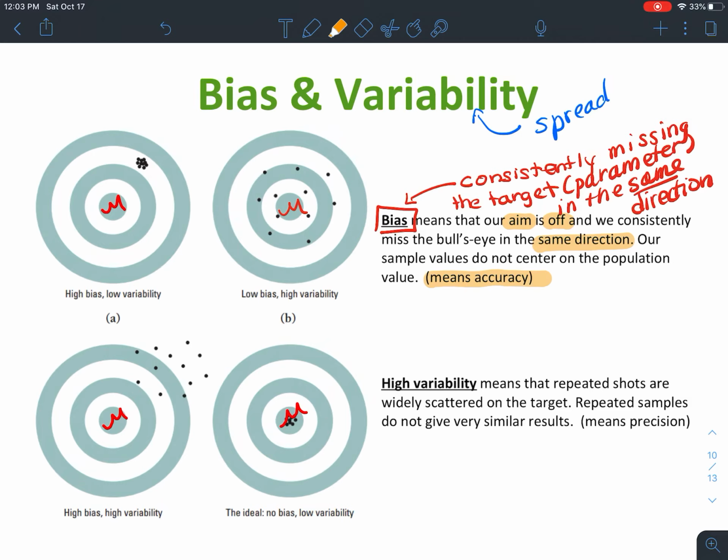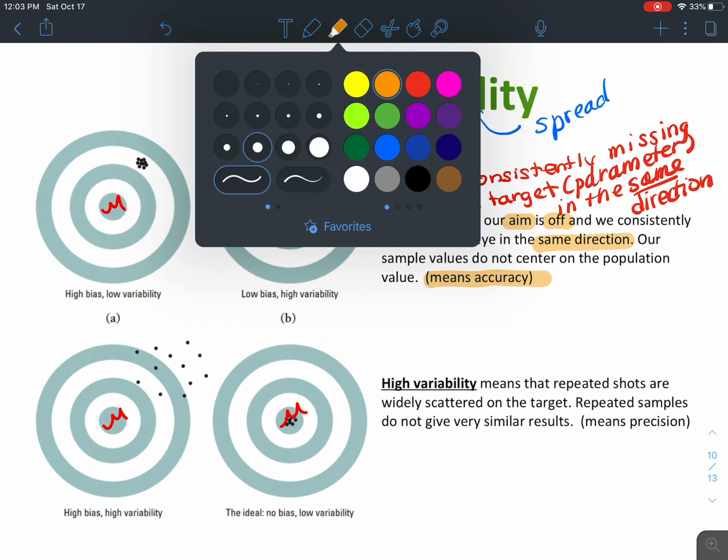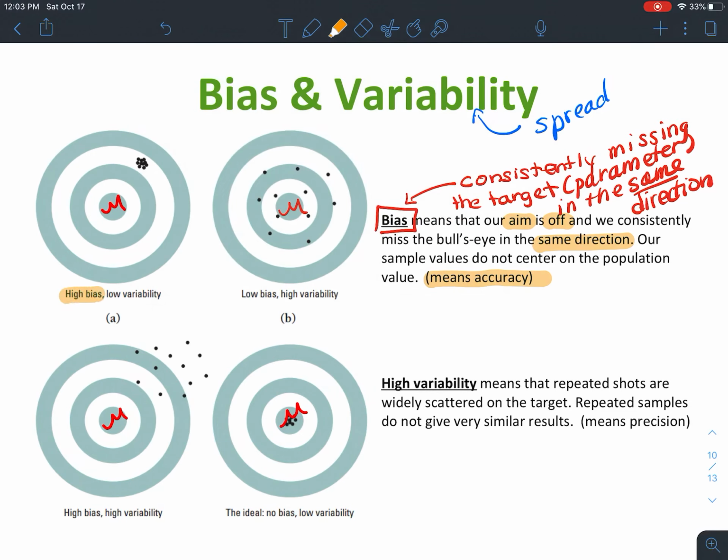As you look at these 4 bullseyes here, you can picture that the target would be where that population parameter is. I have a mu there in each of those. You can see that in these scenarios on the left, there is very high bias, because you can tell that we are consistently missing the target. We're up here in the top right of our target, and we're missing the bullseye pretty consistently in the same area.